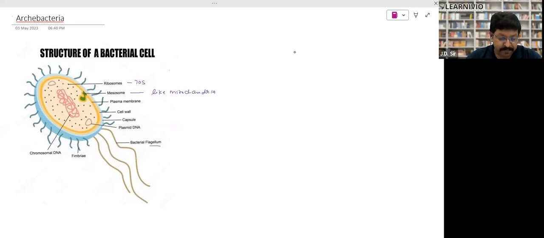So these archaebacteria are characterized by the absence of peptidoglycan in their cell wall.